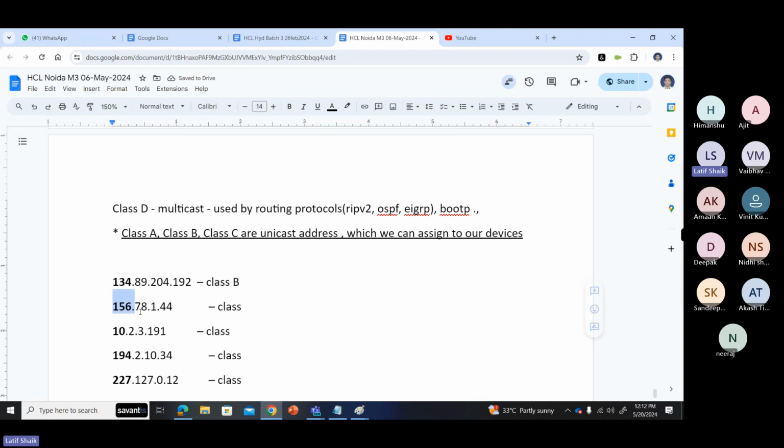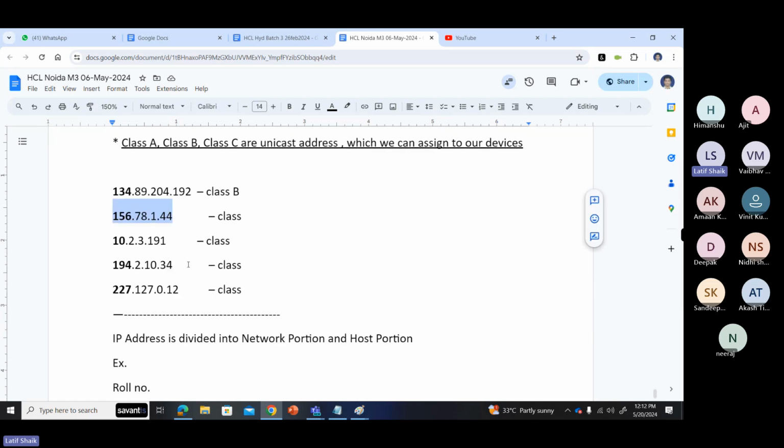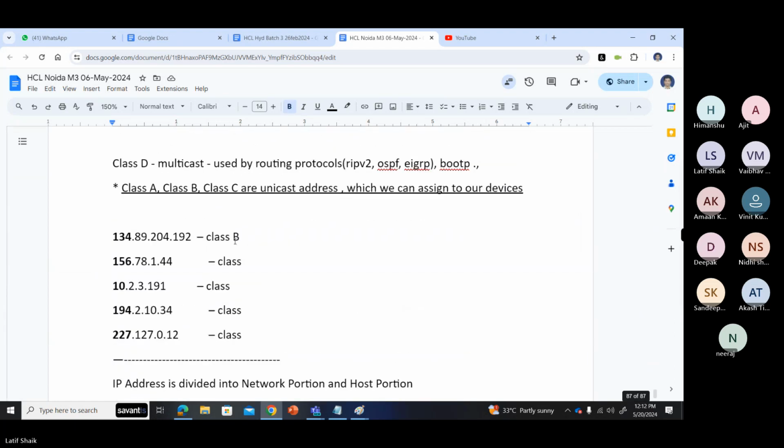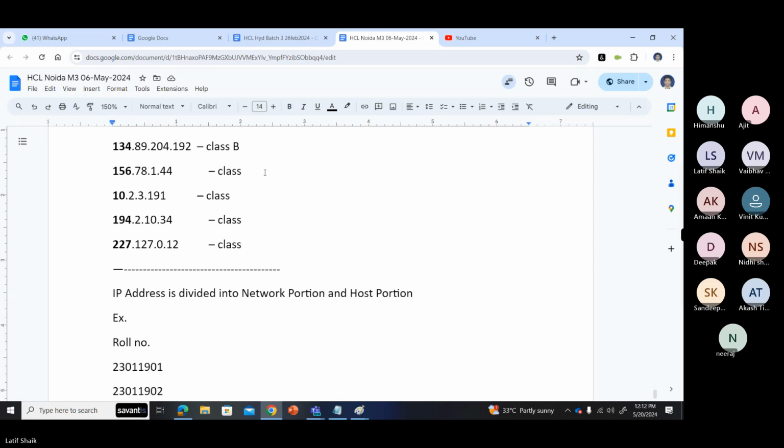Can anybody identify this one? 156.178.1.44. Which class is it? 156. Class B. And this one? Simple one. It is class A. Why? Because of 10.